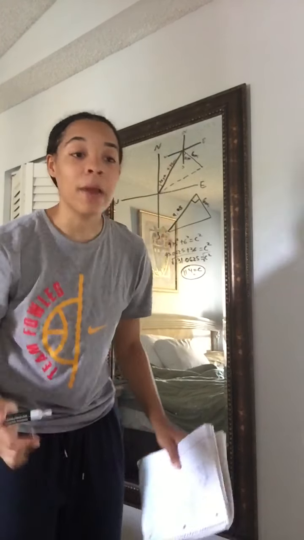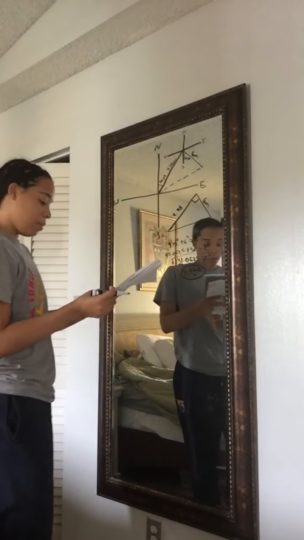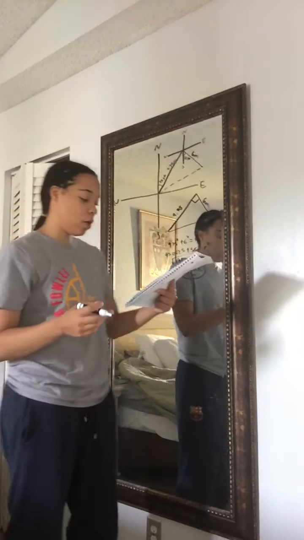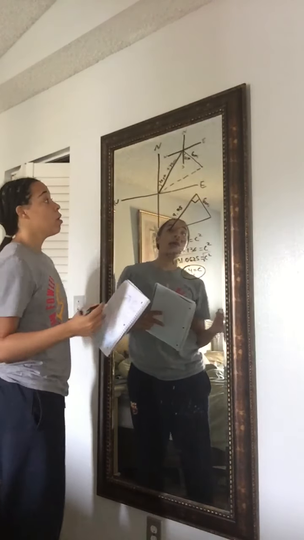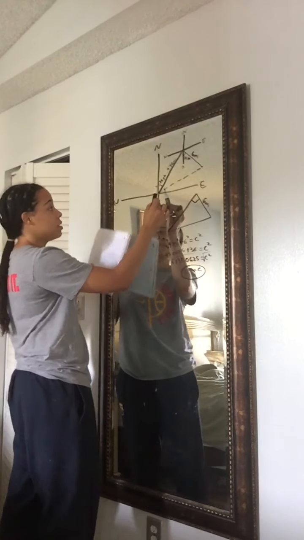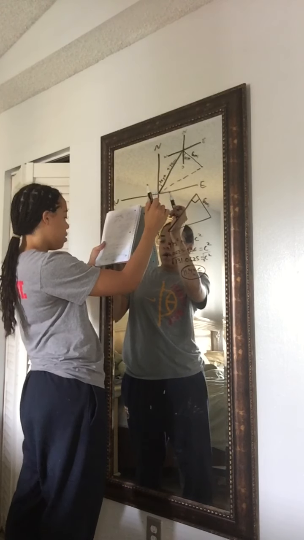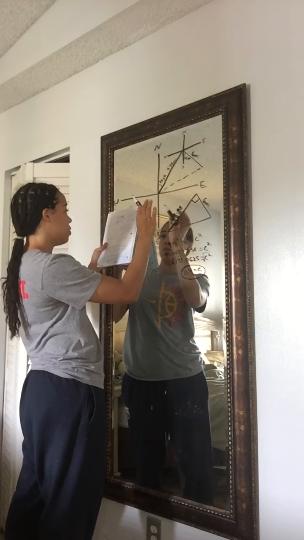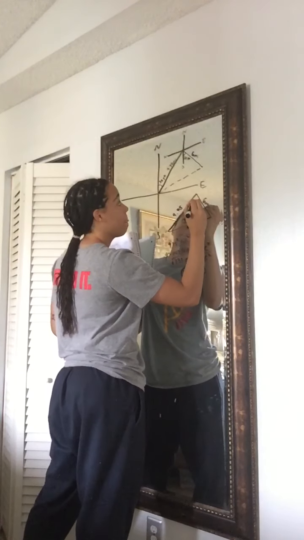The other question is, what is the bearing of the balloon from its starting point? So to find the bearing, we also have to find the angles inside of the triangle. First thing, we know that this is 90 degrees.